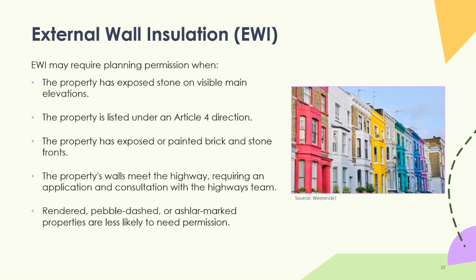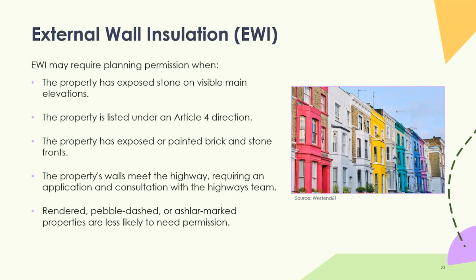So external wall insulation is one of the areas where people aren't really sure whether they can get permitted development rights. There are some general rules of thumb that you can go on. Again, it's worth speaking to the local planning office if you're not sure.